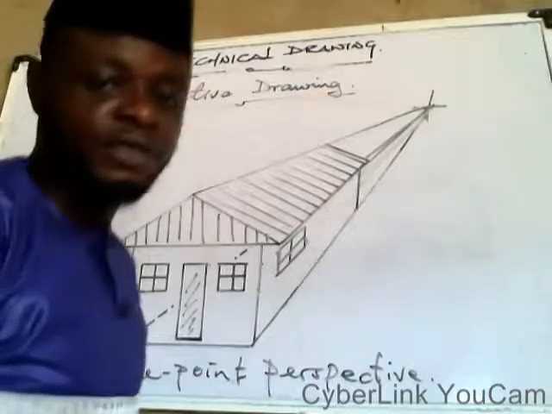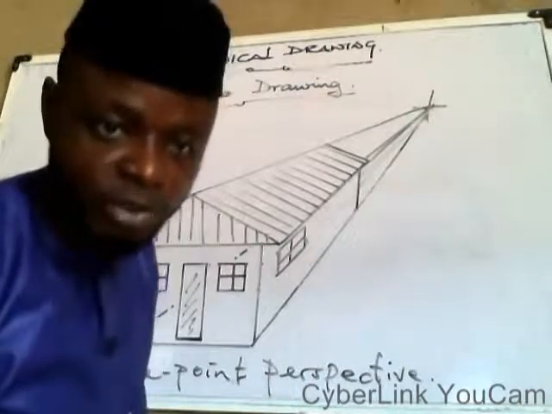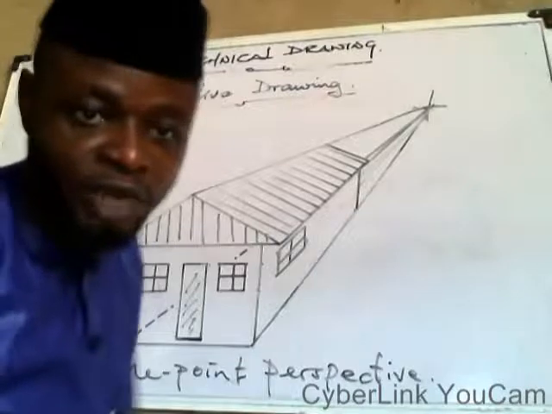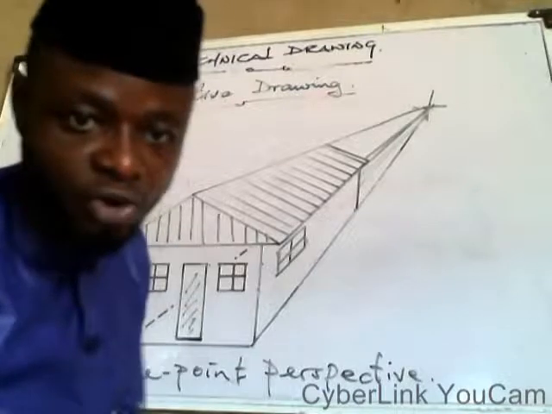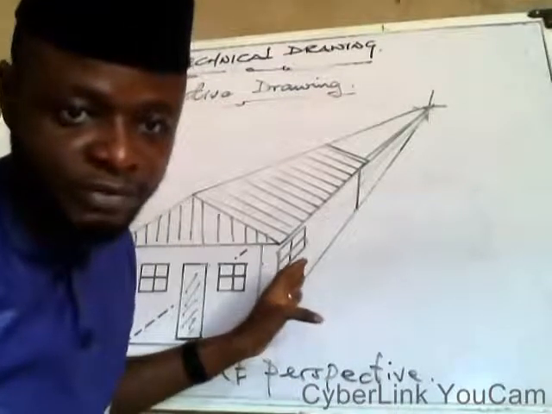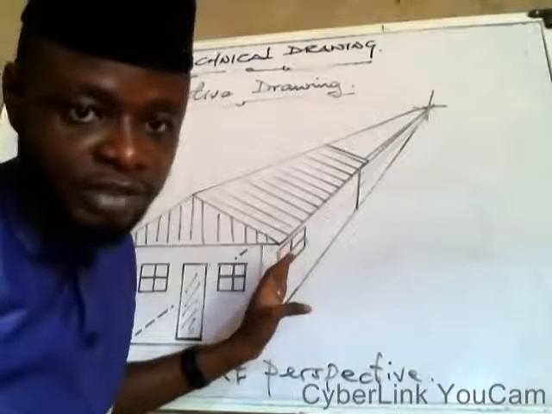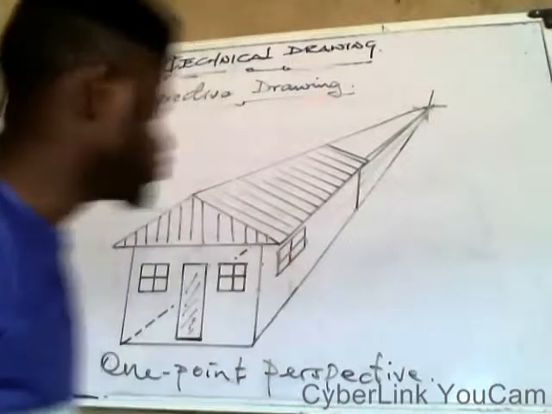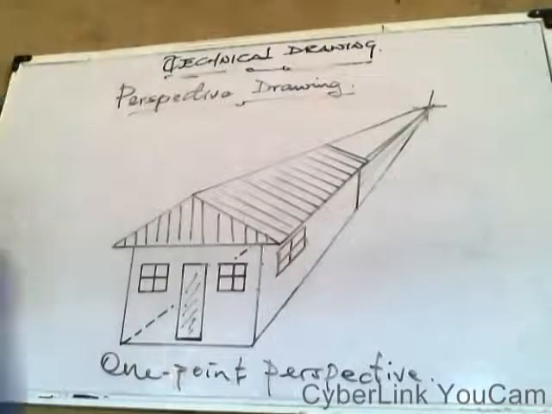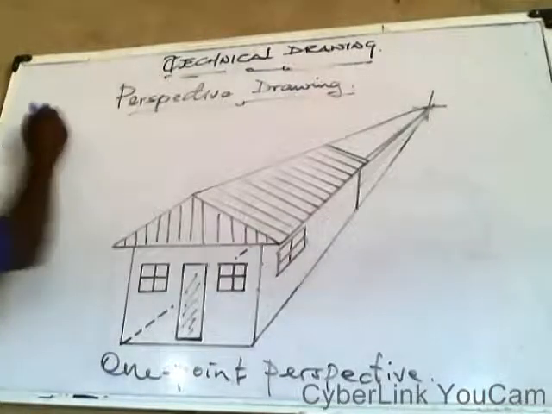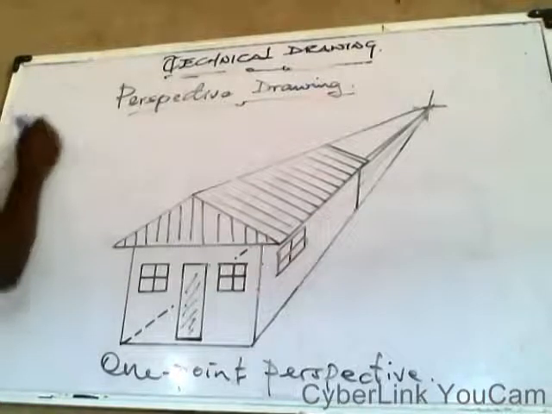So if that one is going to be your project, the project for this term is that you look for any building and draw the 1 point perspective, showing the front elevation and side. I'll write it on the board for you to copy now. Let's see. Projects.